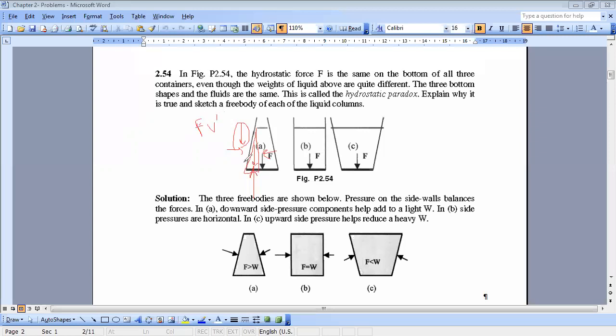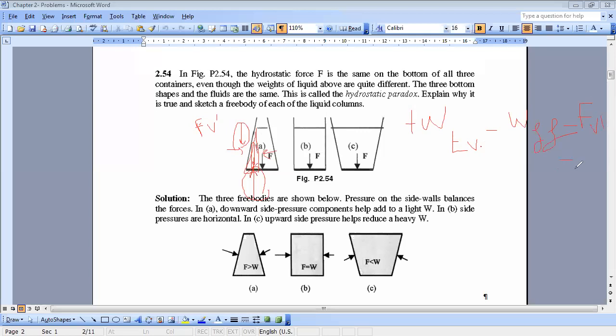To get FV prime, all you have to do is the balance along Y. So you will get this force, which we have demonstrated is equivalent to plus W of the total volume, while this force is the actual weight of the fluid above the bottom surface, which is minus W of the filling fluid, minus FV prime equals 0.